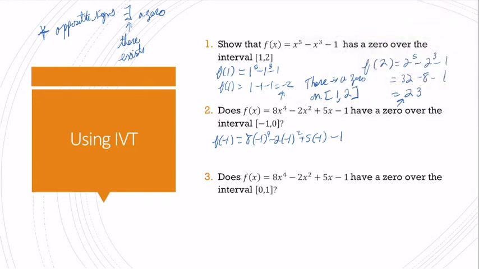I'll erase my little mess. So I have that f of negative 1 equals 8 minus 2, because negative 1 to the 4th is positive 1, and negative 1 squared is 1, minus 5 minus 1.